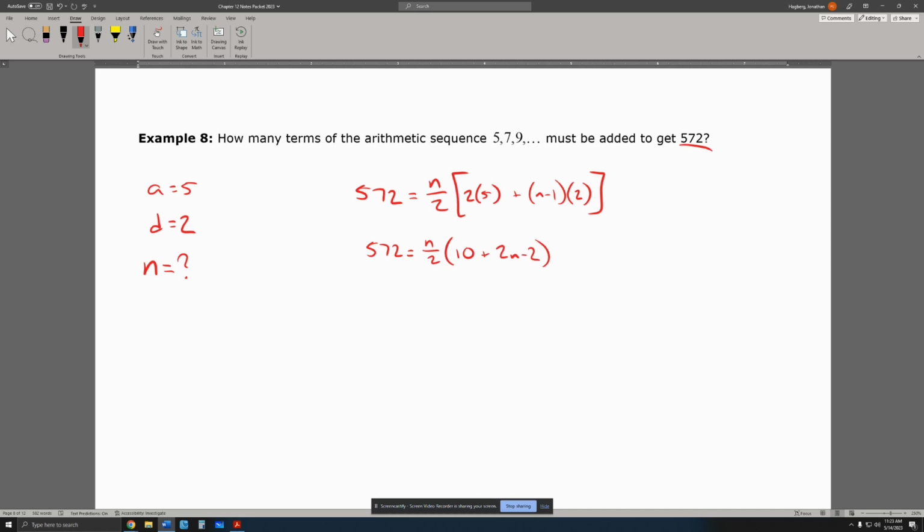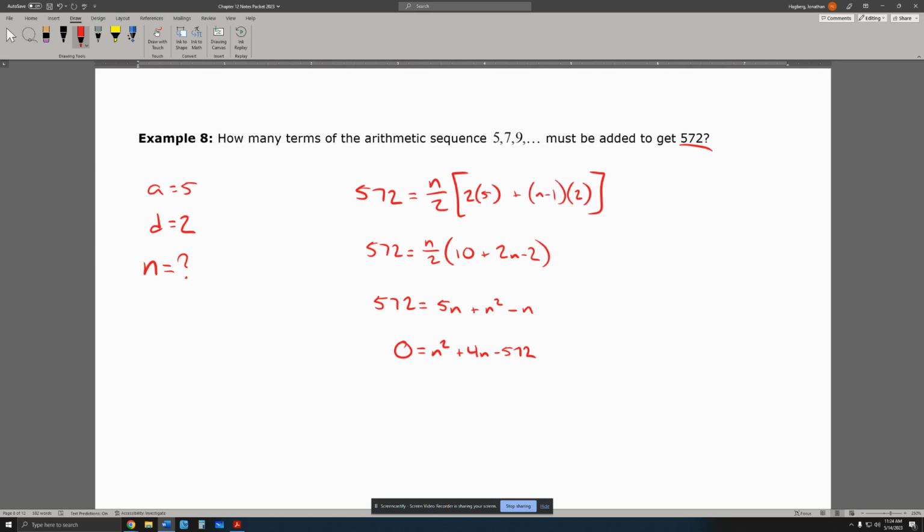Distributing that n over 2, we get 5n, plus n squared, minus n. Subtracting 572 from both sides and combining like terms, we get 0 is equal to n squared plus 4n minus 572. So I combined those n's, and then I subtracted 572 from both sides.